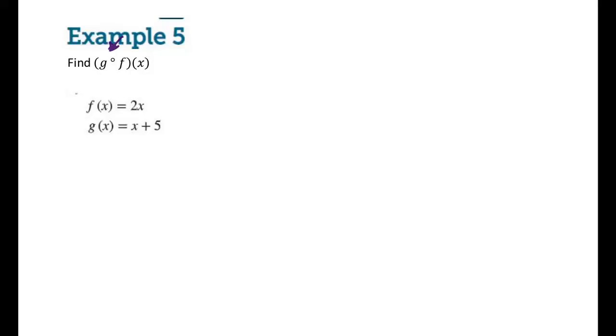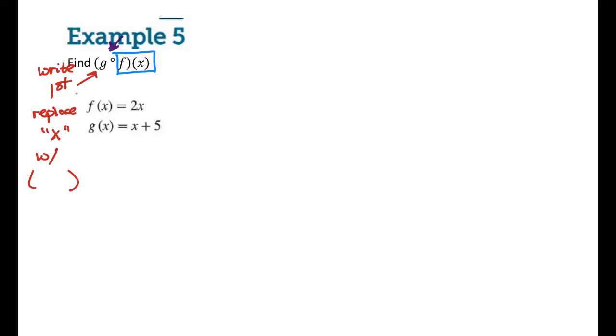F. Okay, so we're going to keep all this together, and you're going to write the function of g first. So you're going to write this first, and you're going to replace the x with parentheses.